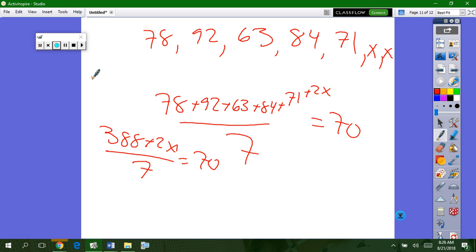How do I solve such an equation? Right? Multiply both sides by 7. So I'm going to get there really quick. So I'm multiplying both sides by 7. You cancel.